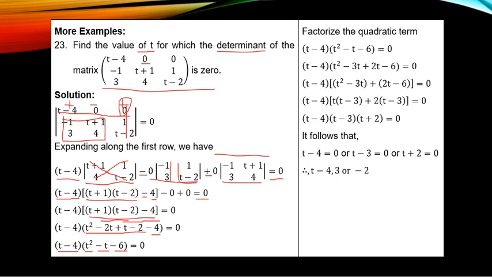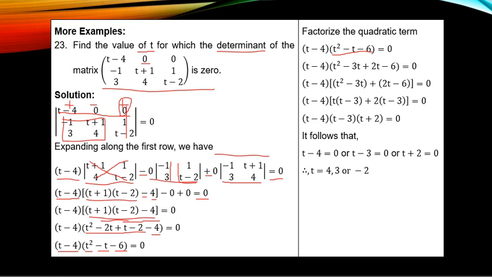If you choose to expand this further, you are going to have a complex equation. And when you have this type of thing, what you do is equate each of the terms to 0. But here we need to factorize the quadratic term, that is this term, further before we equate each term to 0.